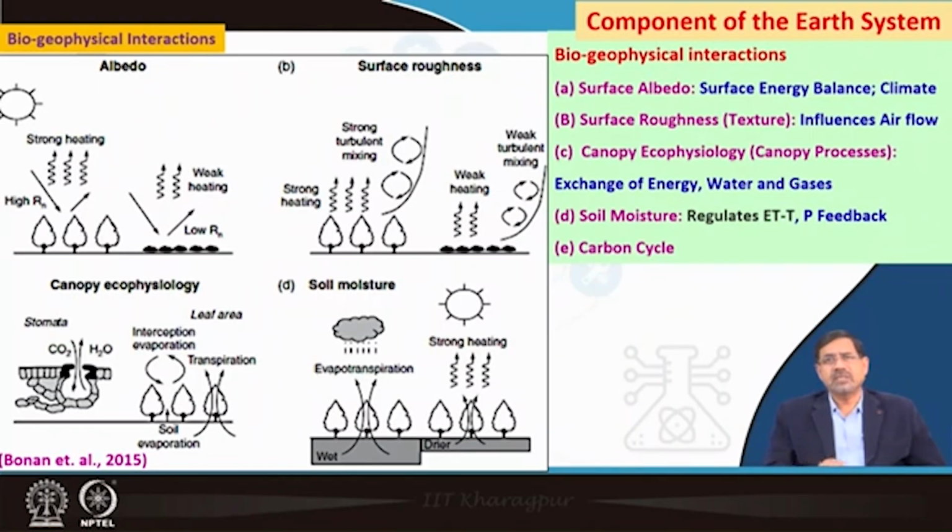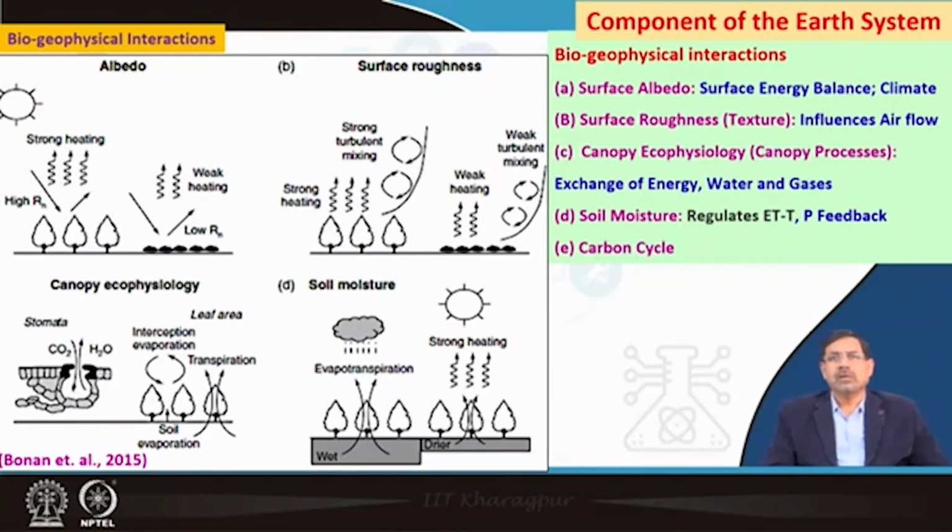This exchange of energy, water, and gases plays a very important role in regulating plant-based carbon dioxide sequestration, because this is the only way of withdrawing carbon dioxide from the atmosphere, by the process of photosynthesis. So it involves the canopy ecophysiology, and regulates the exchange of energy, water, and gases.